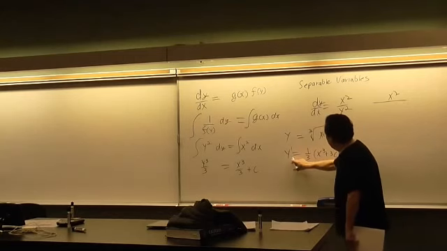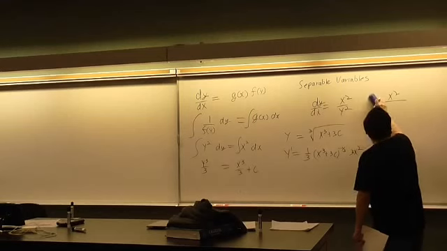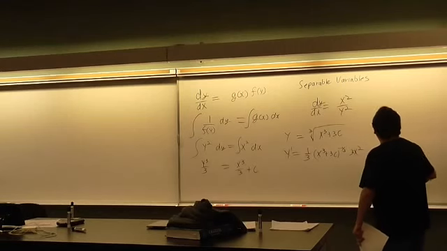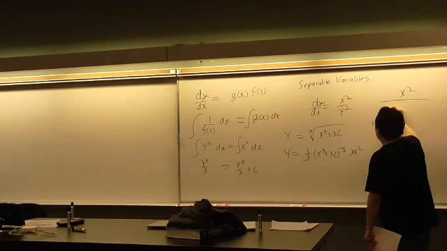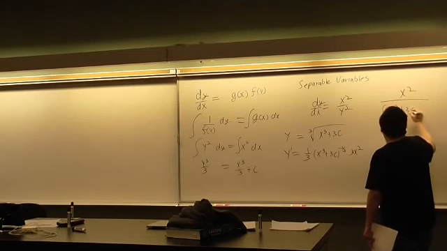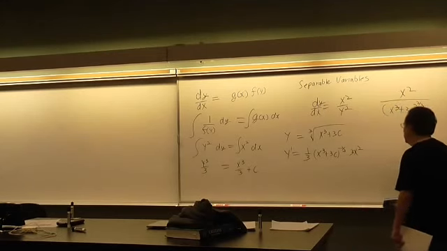So that's dy dx. And now we want to find out what x squared over y squared is. So x squared over x cubed plus 3c to the 2/3.